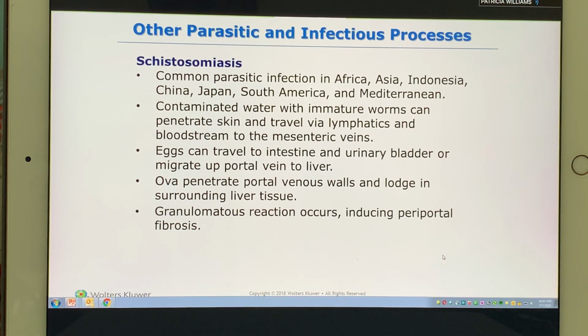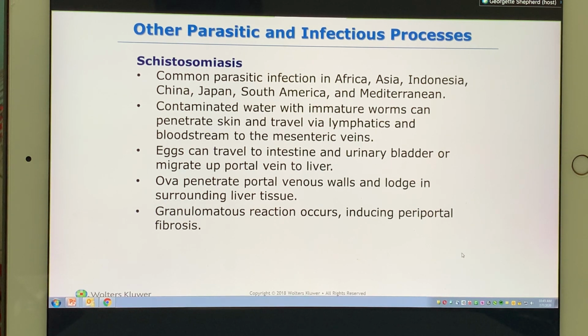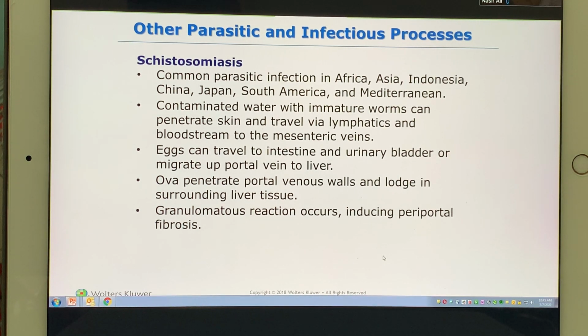Schistosomiasis. It's a common parasite that affects Africa, Asia, Indonesia, China, Japan, South America, and the Mediterranean. It's contaminated water that immature worms can penetrate the skin and travel through the lymphatic system into the bloodstream into the mesenteric vein.